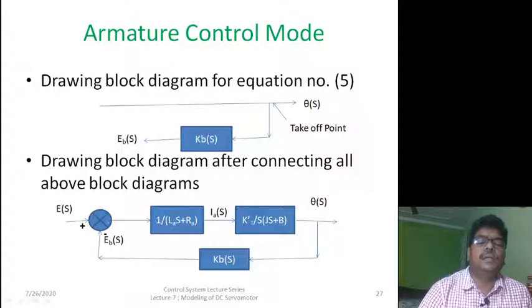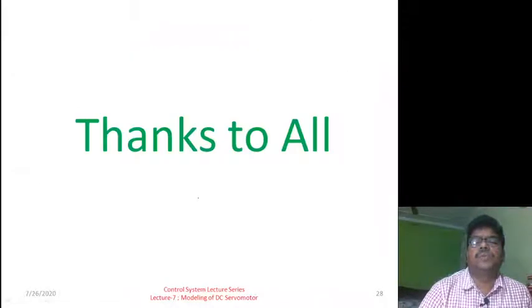This is a summer, where we get the applied voltage E(s) and the back EMF E_b(s). That causes the current I_a to flow in the armature circuit, and this armature current is responsible for the development of torque, and that torque is responsible for the angular displacement, which is tapped as the back EMF. So this is the block diagram of the armature control mode.